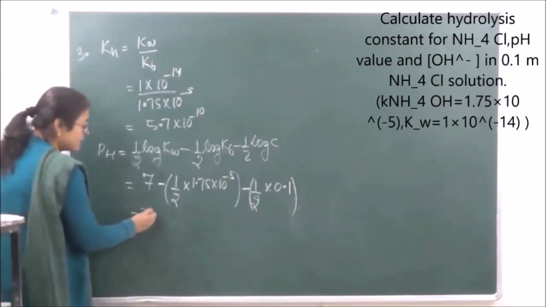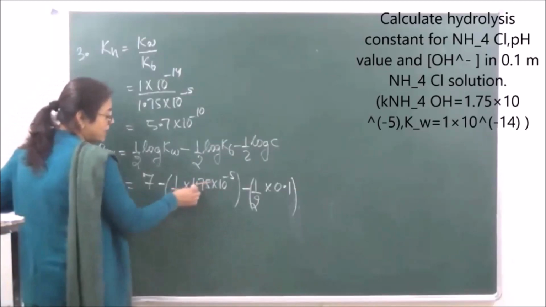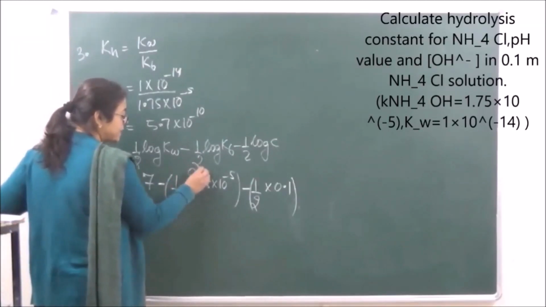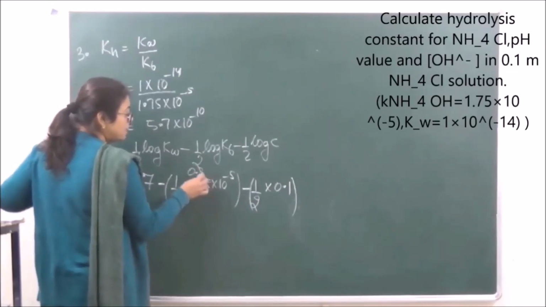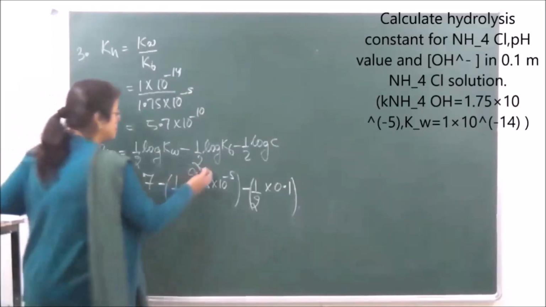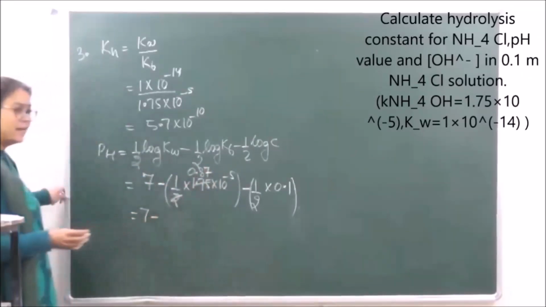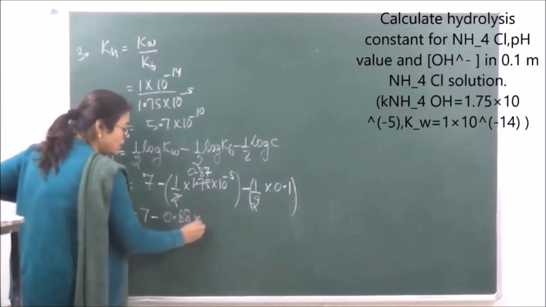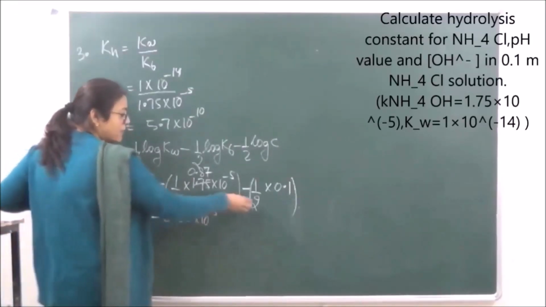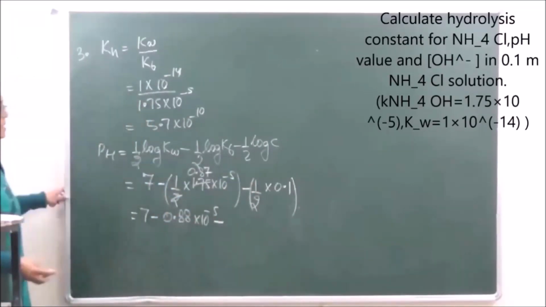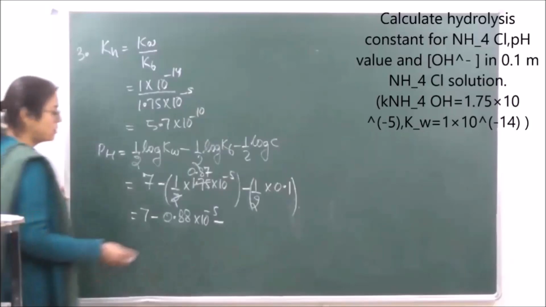So this will come as 7 minus, cancel this, 0.8, 16, 15 means 0.875 will come, okay. So minus 0.88 we take into 10 raised to power minus 5, and this is going to come as minus 0.05.